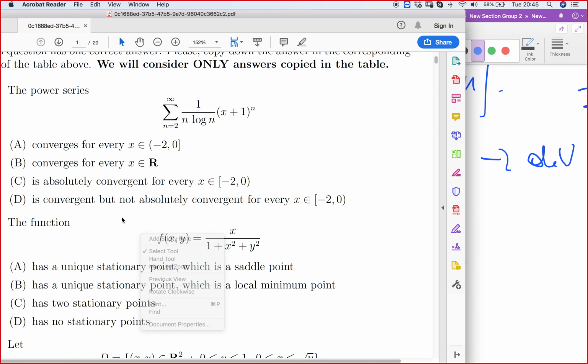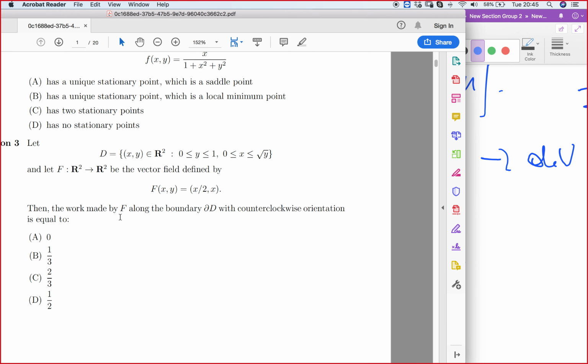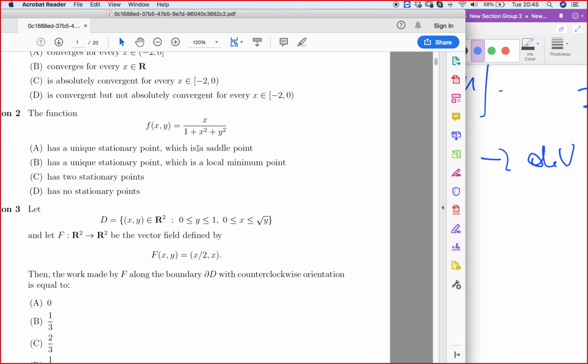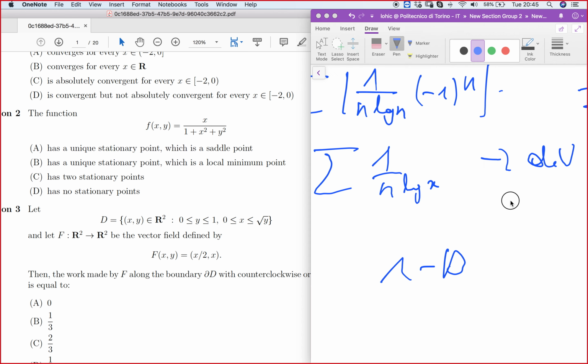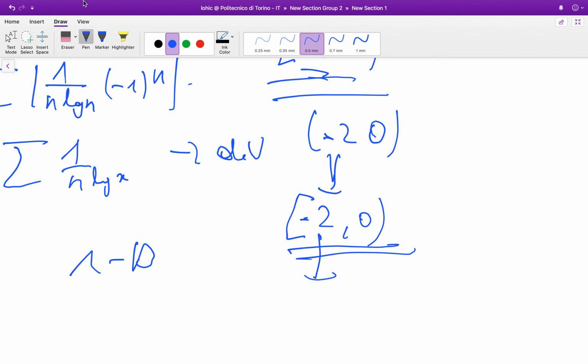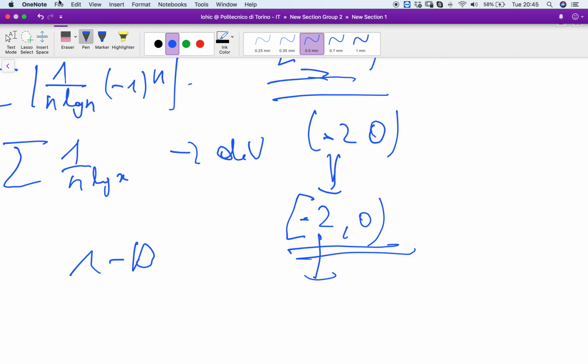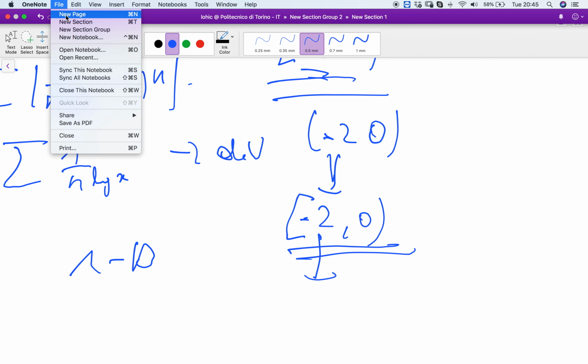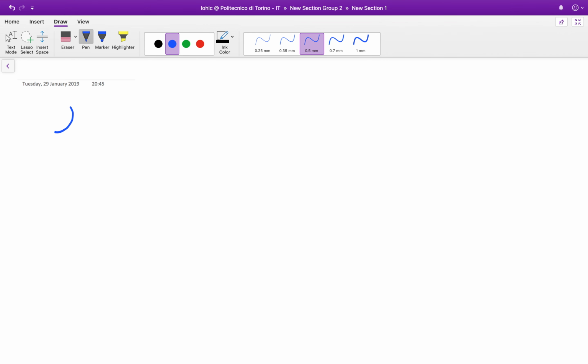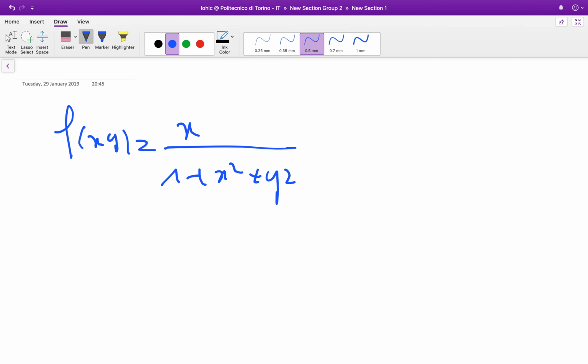Okay, now you are given the function f of x, y equal to x over 1 plus x squared plus y squared.